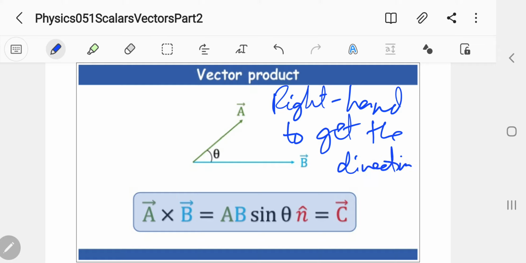So if you say A cross B, you put your palm on A and then move A towards B, and your thumb will give you the direction of the vector product. So the vector product is AB sine theta, but it has a direction. The scalar product doesn't have direction. With AB sine theta you have a direction, and this is a vector. So that's why it's called a vector product, because the product is a vector.